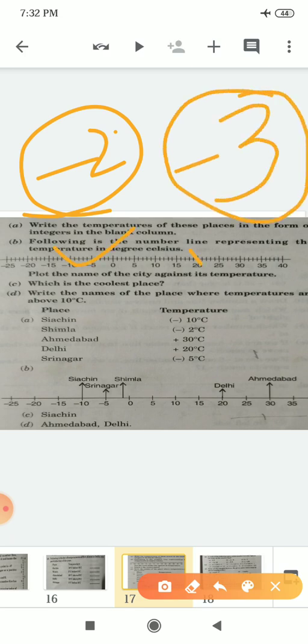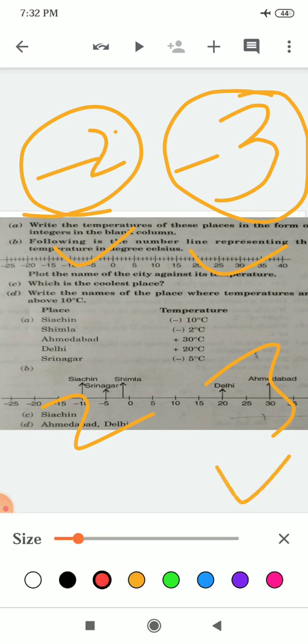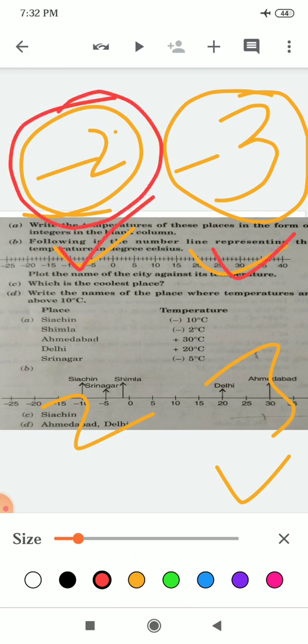Now listen to me. If I am talking about 2 and 3, which is the biggest number? 3, obviously. But if I am talking about the greatest number from minus 2 and minus 3, minus 2 will be the greatest because it is closer to 0. So minus 2 will be greater than minus 3, right?